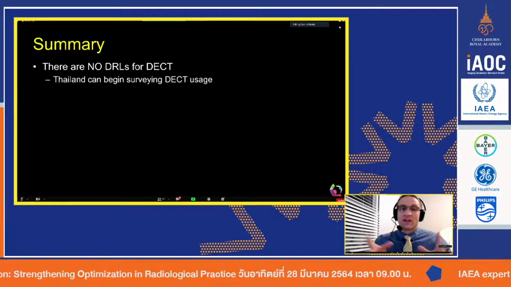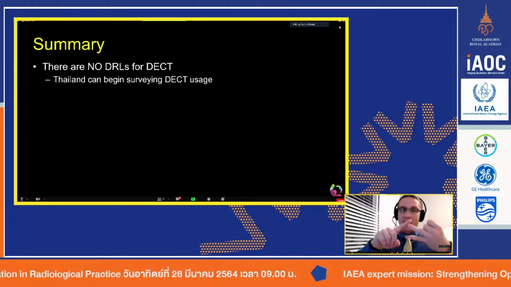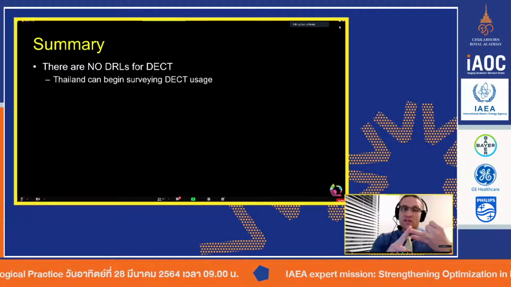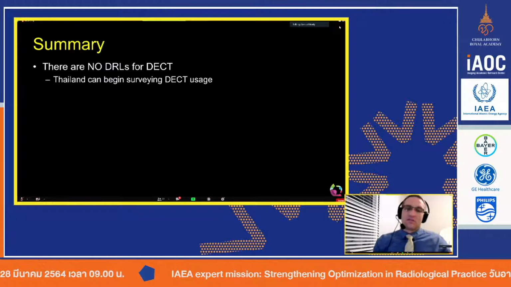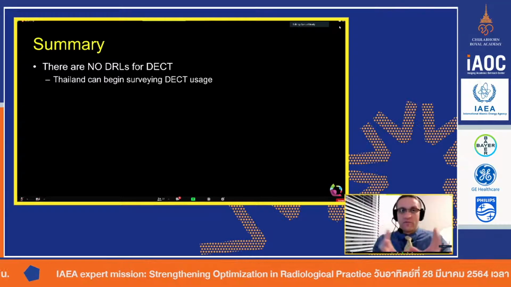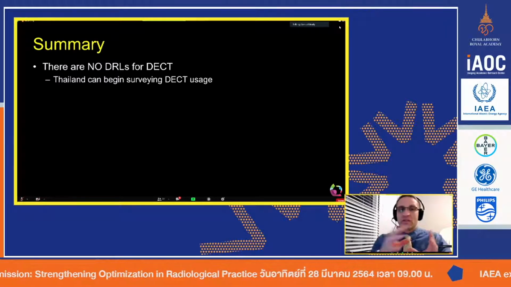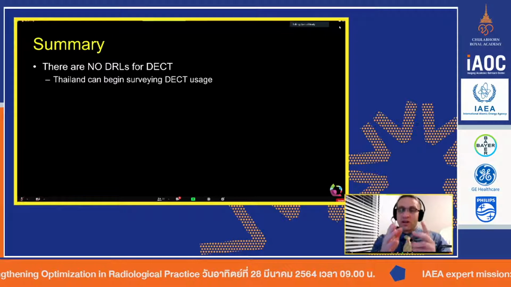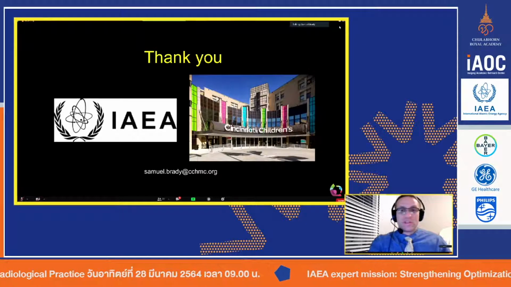But as you start to collect this data on how you're using dual energy, and then how much radiation you're using in those scanners and the types of scanners you're using, you'll be able to then obviously establish your DRLs. But you'll also be able to look at the greater, broader image in all of Thailand as to how best to approach image quality and more specifically dose optimization for dual energy CT.